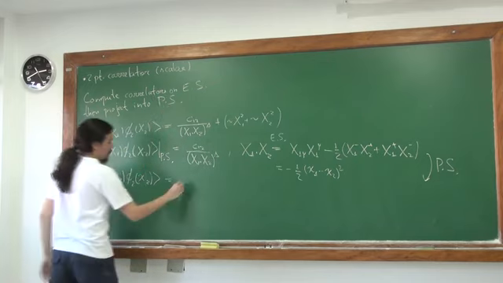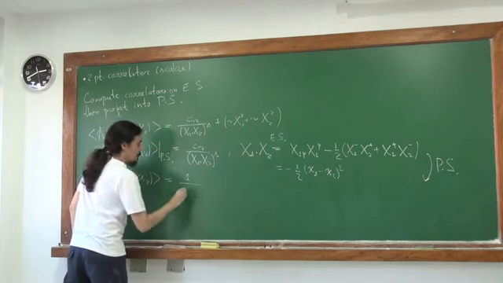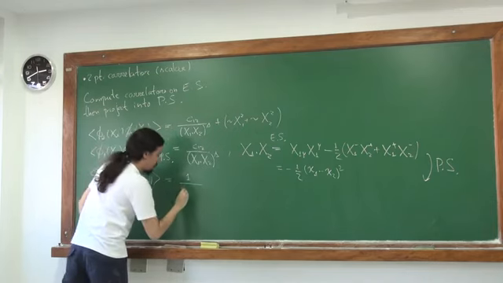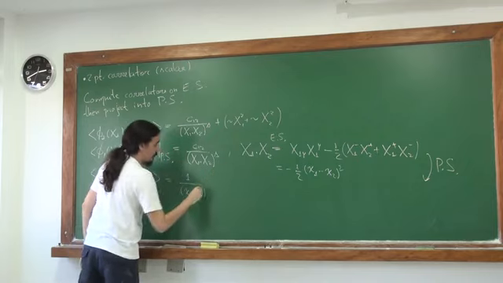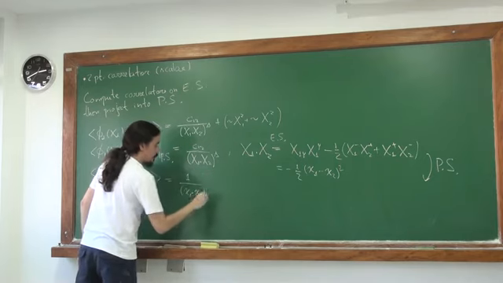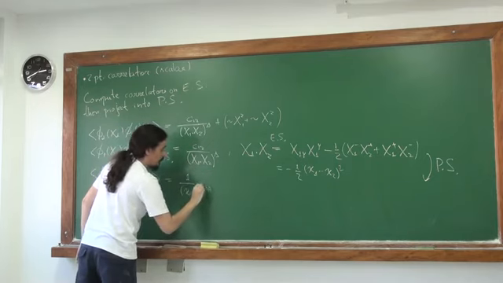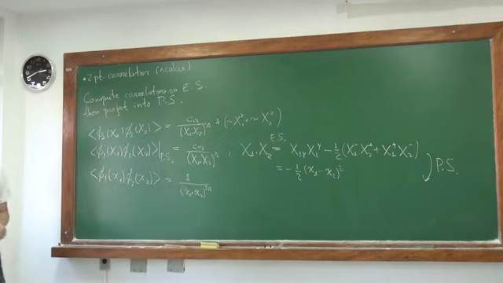It is a choice. So this guy becomes x1 minus x2, and because of the power of 2 here, I end up with 2 delta here.